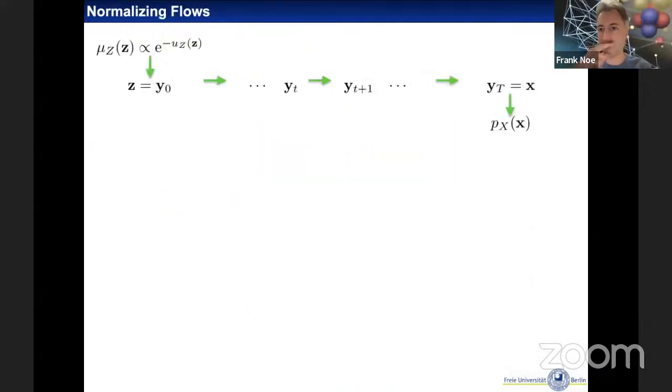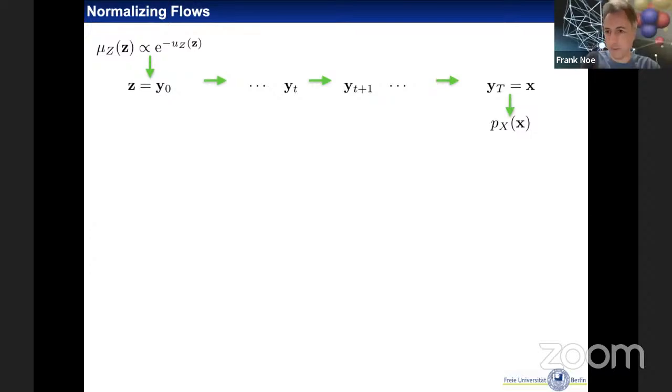All right, how do we train these normalizing flows or Boltzmann generators? First of all, if we use an invertible neural network, then basically we have a chain of variable transformations, and each step of the chain is invertible.